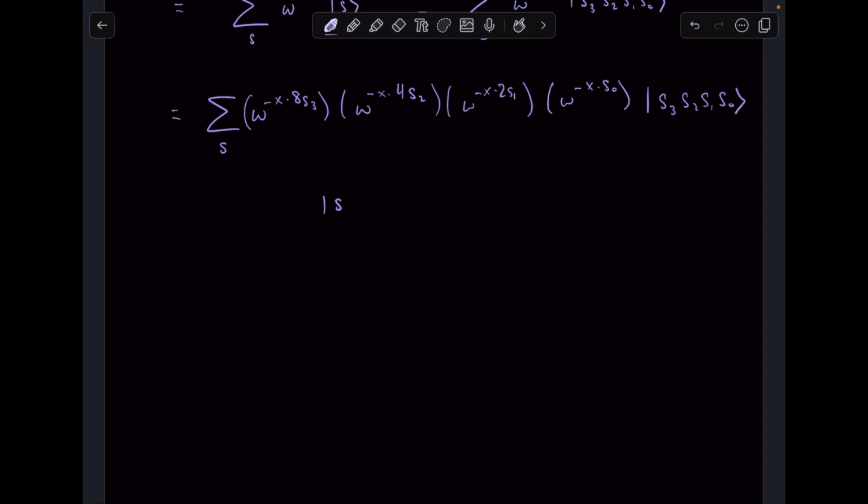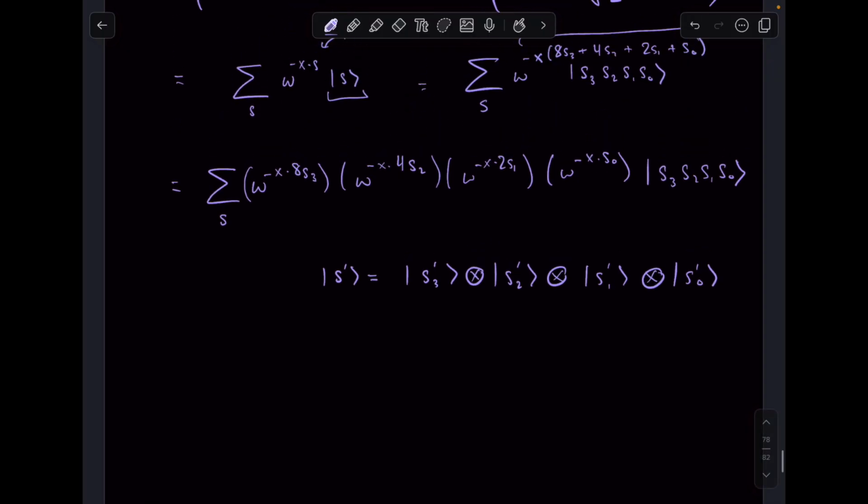Let's consider some S prime, which is S prime 3, and I'm going to actually split this up into its tensor factors. S prime 2, tensor S prime 1, tensor S prime 0.